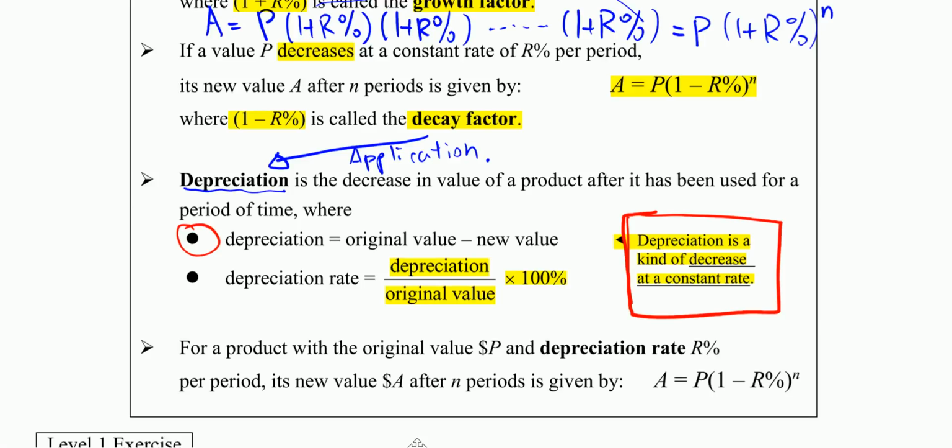Mostly we want to understand the rate of change, so we need to find the depreciation rate, which just follows the percentage change formula. For depreciation, which is just the change of value, just put it in here, nothing new.